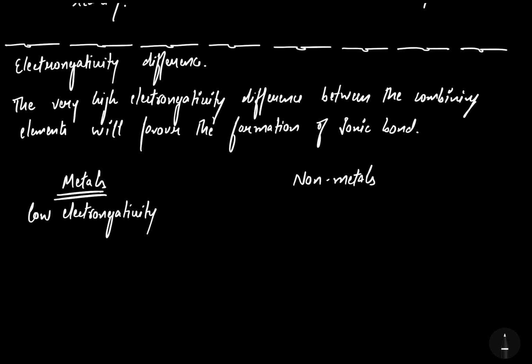But in case of non-metals, it's high electronegativity. Because it has a tendency to gain electrons, it has a very high effective nuclear charge, that's why it's gaining electron. So non-metals will also have the high electronegativity due to this. So there's a huge electronegativity difference between the metals and the non-metals, which favors the formation of ionic bond.